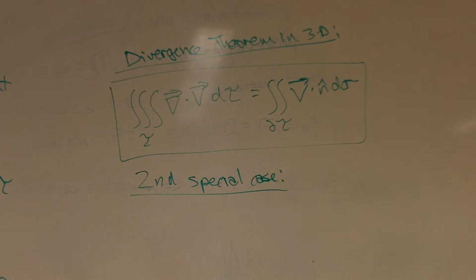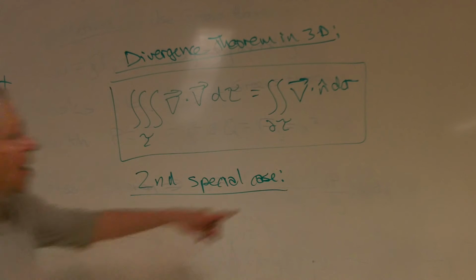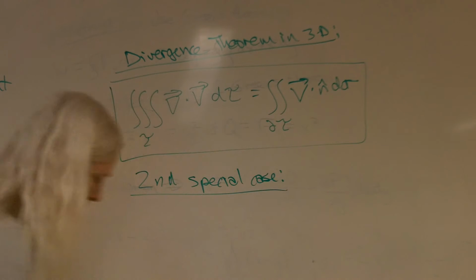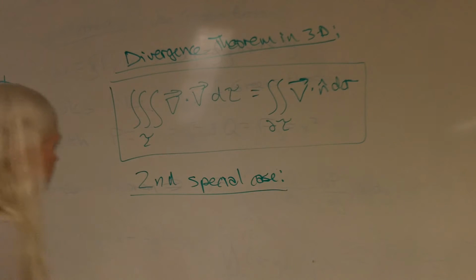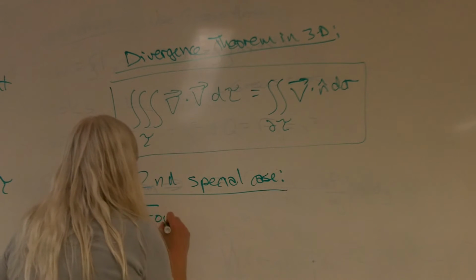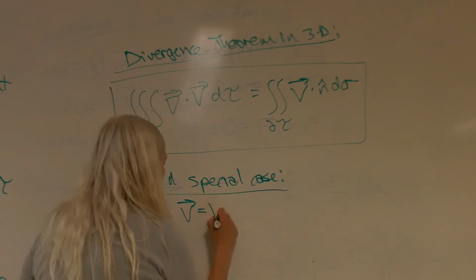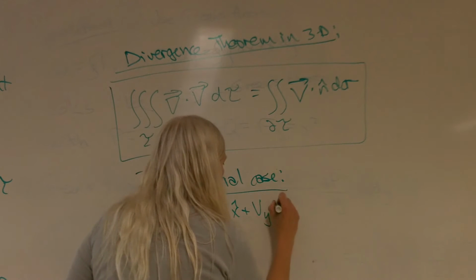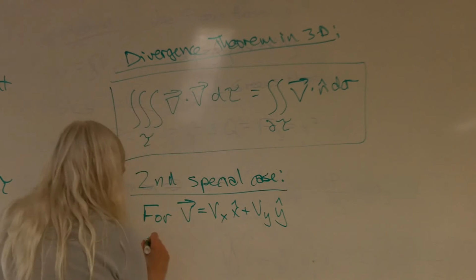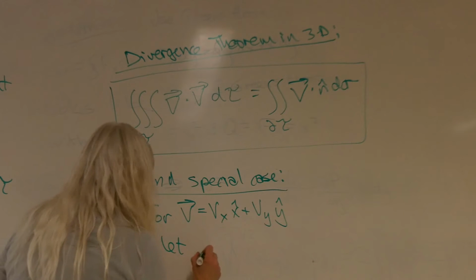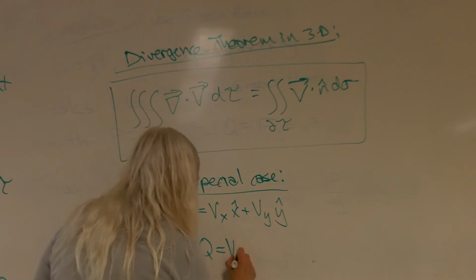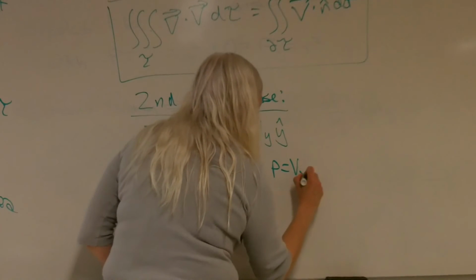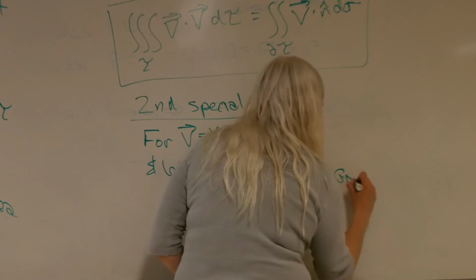Okay, so for our second special case, we're actually going to do kind of what we talked about doing here for a problem involving work. So again, think of a vector field V, which we'll write as V sub x times x hat plus V sub y times y hat. And now let's let Q be equal to V sub y and P be equal to V sub x in Green's theorem.